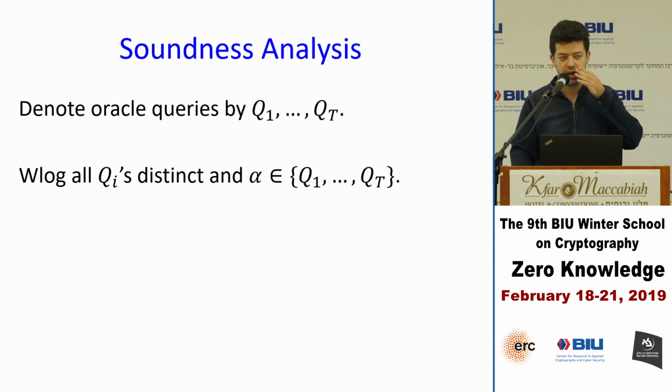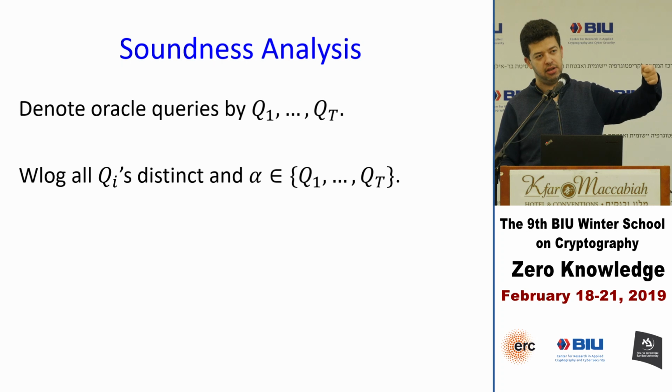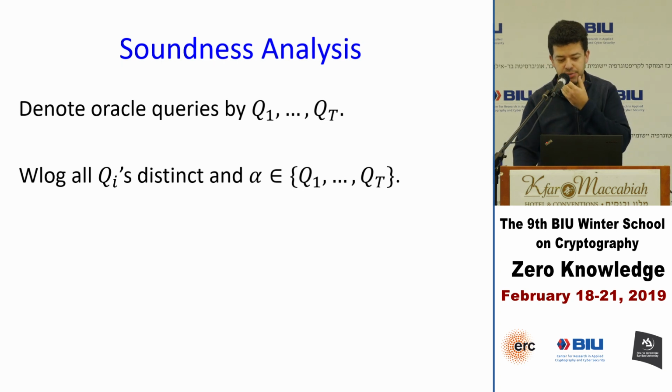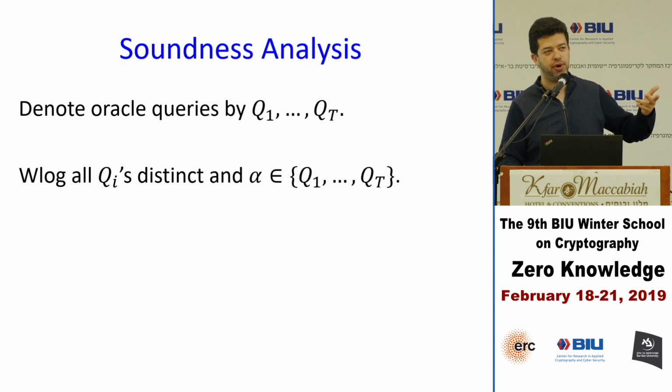And without loss of generality, I want to assume that all of these qi's are distinct, and that alpha, the first message that the cheating prover sends in the protocol, is contained in one of these queries. And how do I justify this assumption? Well, for the qi's to be distinct, that's an easy assumption. I can just assume that the prover keeps track of all the queries that it makes, and if it ever wants to make the same query again, it just looks in its memory and sees that it already made the query.